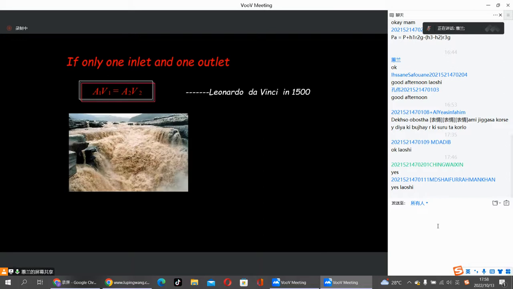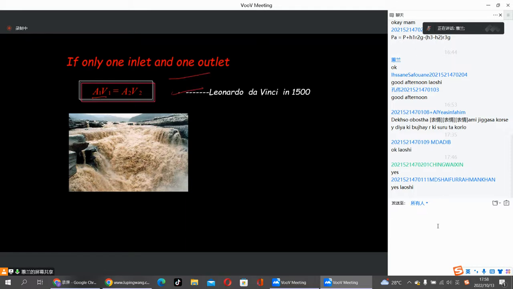If one inlet, one outlet, things will be much easier. We will have the area times velocity at the inlet equal to the area times the velocity at the outlet. What does this mean? This is the area times the velocity. It is a volume flow rate across the section, right?